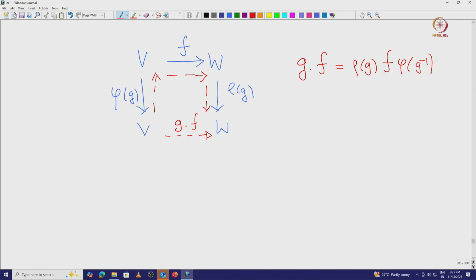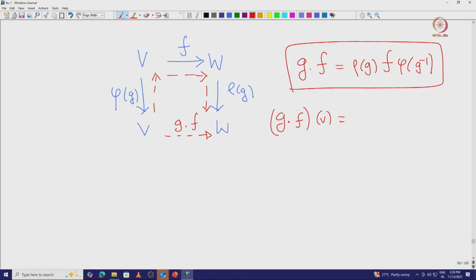Note that phi g inverse is the same as phi of g inverse. In particular, for any v in V, you define g·f of v to be rho g composed with f composed with phi of g inverse applied on v.